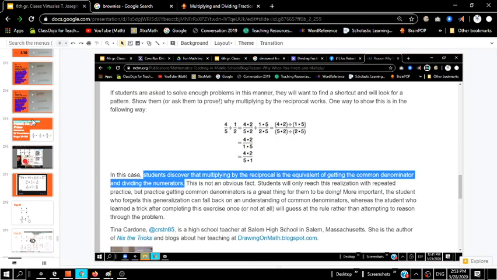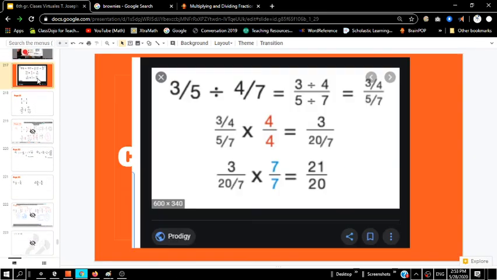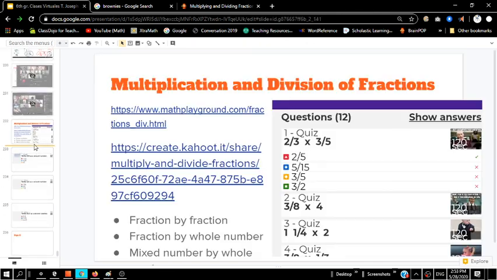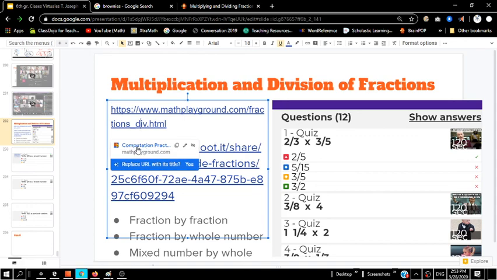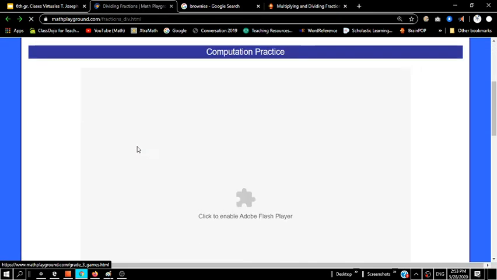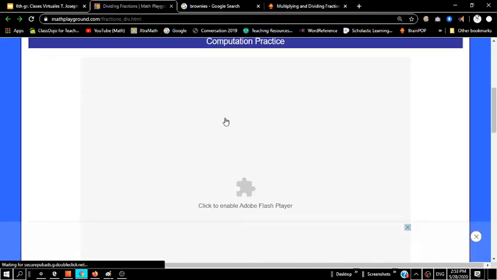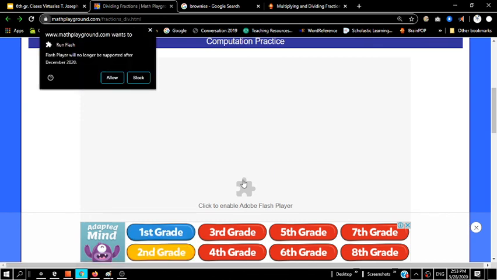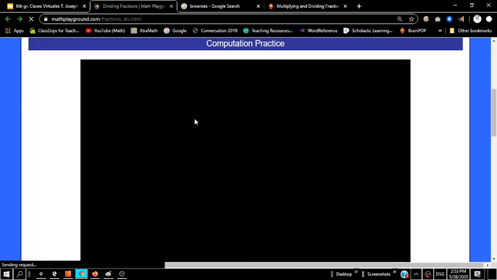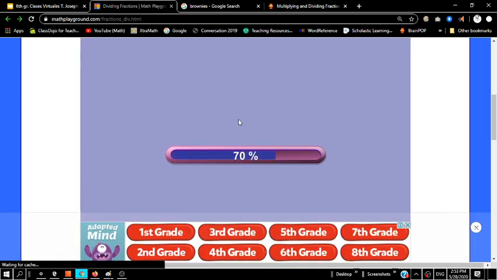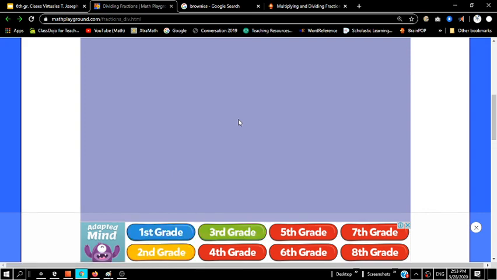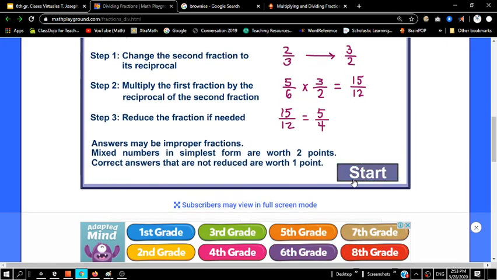You can play that game if you really want to. Here we go. This Math Playground game is fantastic to practice dividing fractions. If you didn't play it last time, you should play it this time. It is phenomenal for getting that understanding down pat.